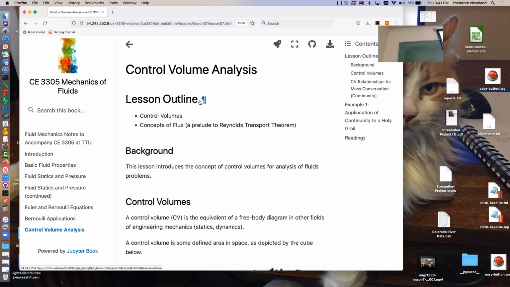So we'll look at what control volumes are, and then we'll employ the concept of flux in something called the Reynolds transport theorem, which allows us to translate expressions of system behavior, F equals ma, into balances across a control volume. That's really all this is aimed at.